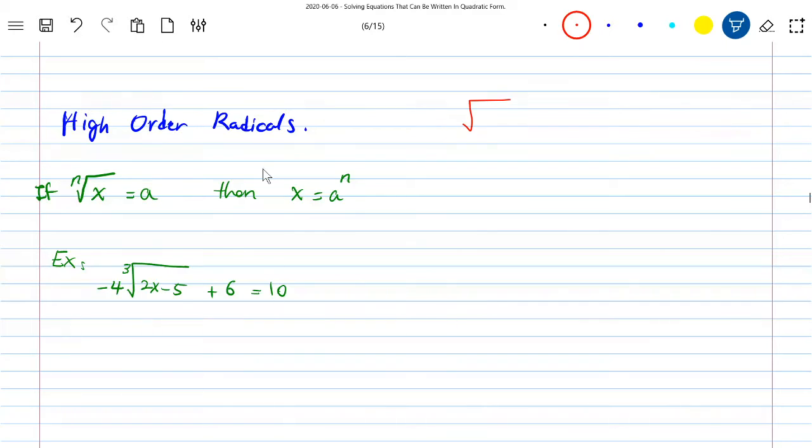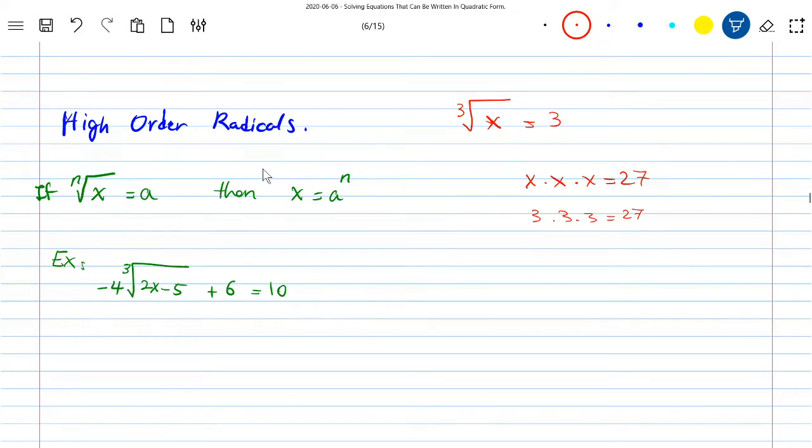If you have cube root of x equal to 3, that means what number you have to multiply by itself 3 times to give you 27. You could see that that number is simply 3, right?